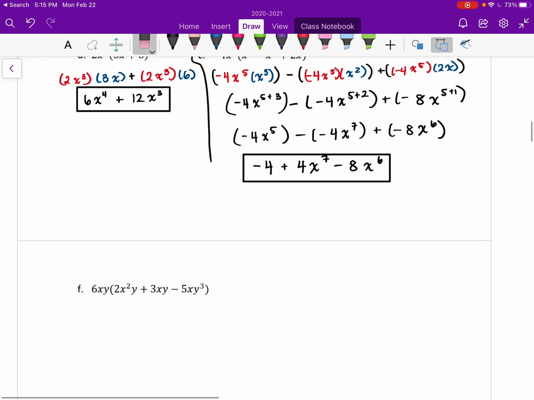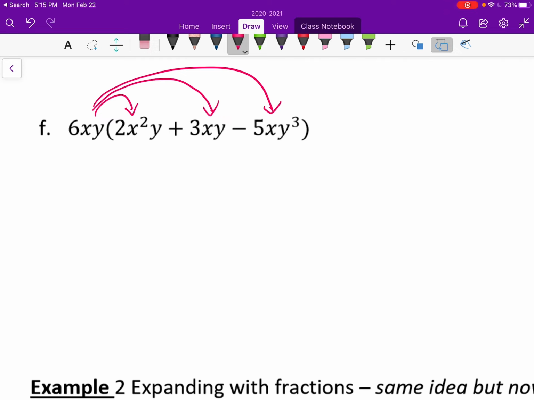Okay, so now we have 6xy times 2x squared y plus 3xy plus minus 5xy cubed. So this is a positive 6xy. So we can just leave all the signs the same. So we don't need to worry too much about signs here.